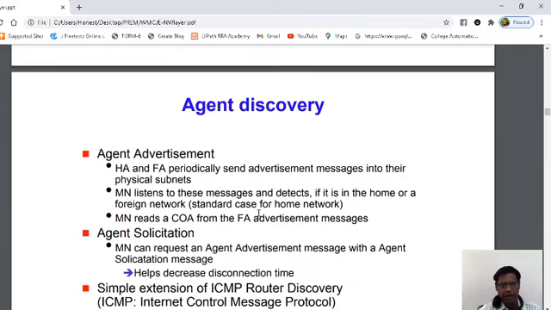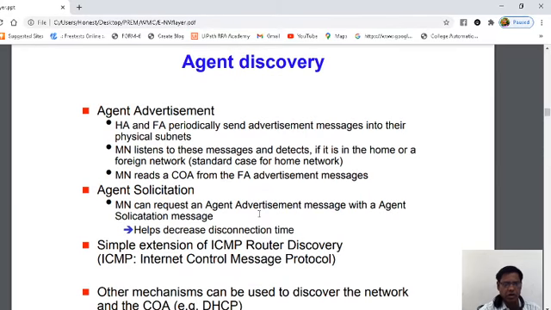Here we can see agent discovery. Agent discovery is done by agent advertisement. The home agent and foreign agent periodically send advertisement messages into their physical subnets, and a mobile node listens to these messages and detects whether it is in the home network or in a foreign network.